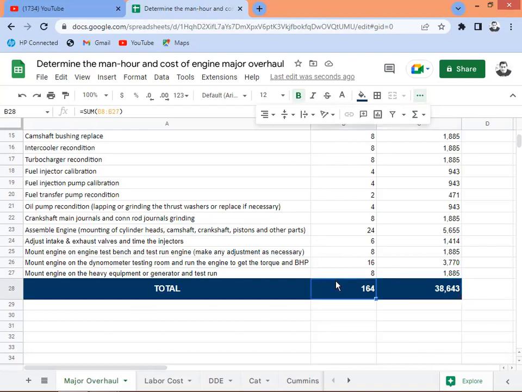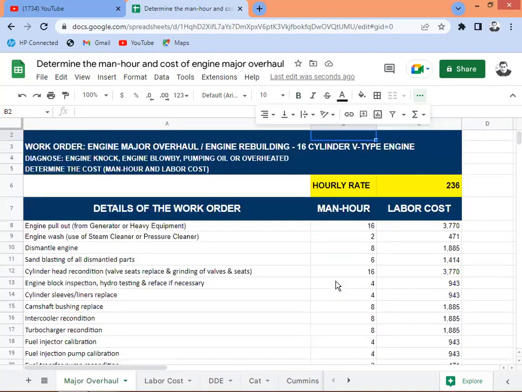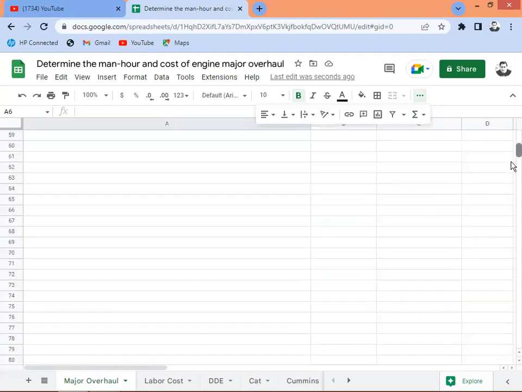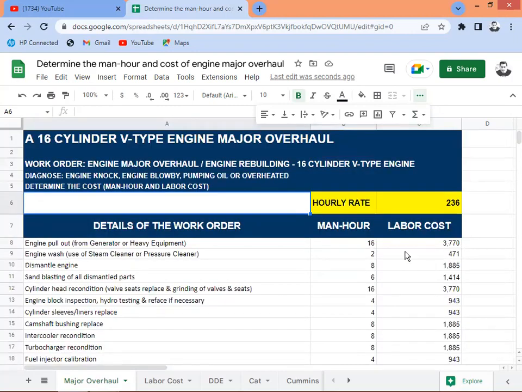It does not include the spare parts and other materials. So if you have a customer seeking a major overhaul of a 16 cylinder V type engine, then you already know how much the cost would be.